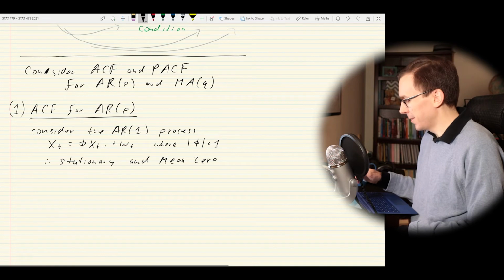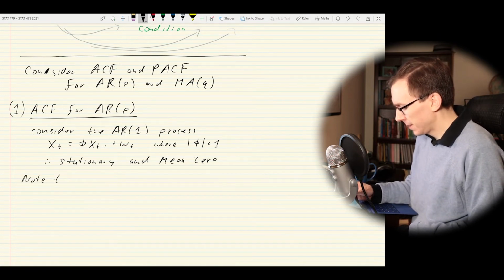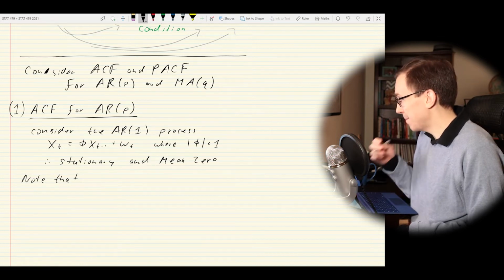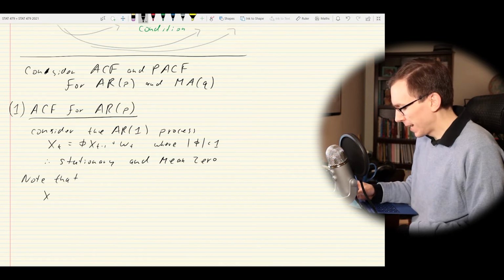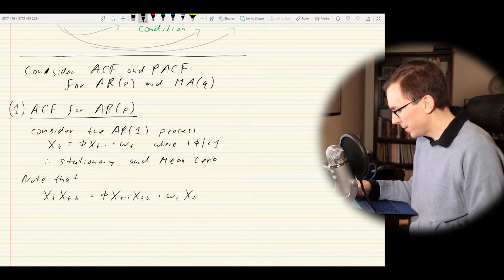Then what we note is that if I multiply by xt minus h, then what I get from that equation is xt xt minus h is equal to phi xt minus 1 xt minus h plus wt xt minus h.